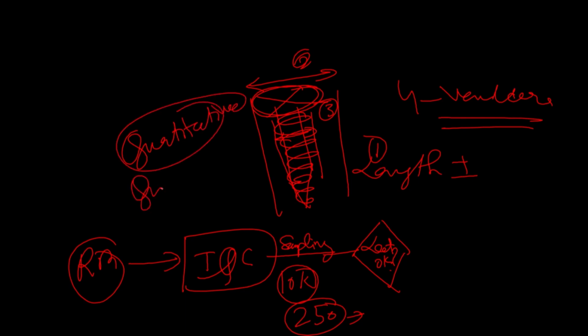Then some qualitative measures will be there. Let us say, if extra material is there on the thread, you can check that, because the dimension may be within limit, but still extra material is there, maybe during the lathe operation, because of wear and tear of the tool or some technical reason. So some extra material is coming, and that will destroy the hole where you are going to put this screw, right.